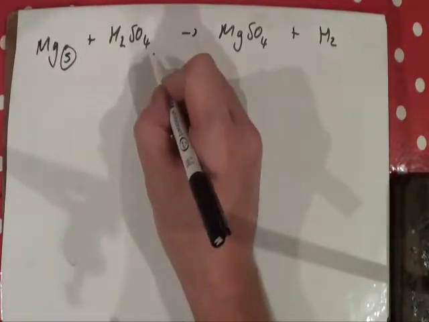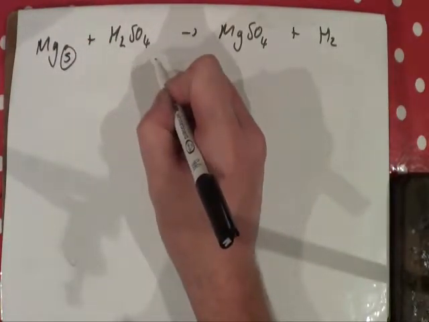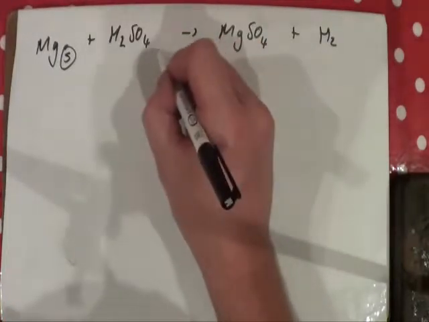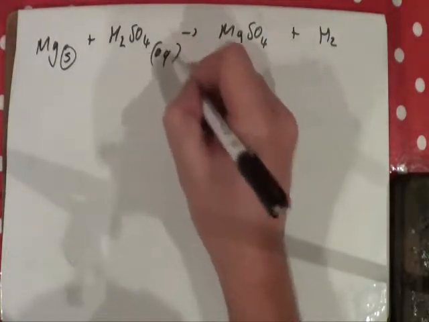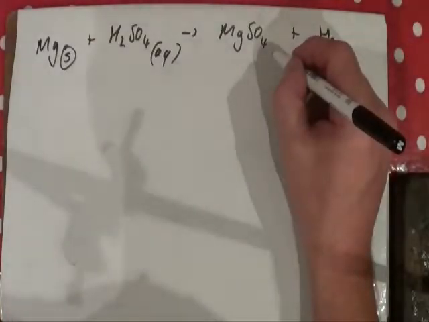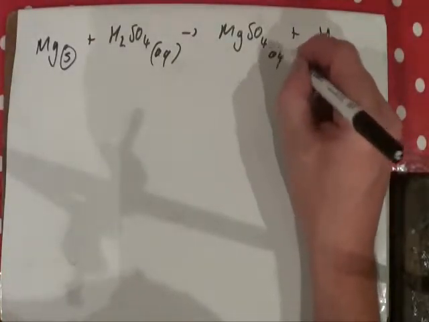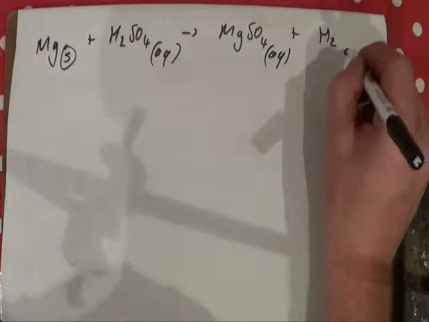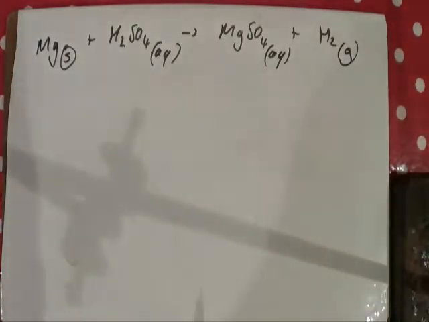Sulfuric acid, okay, is indeed hydrogen sulfate. Sulfuric acid, by definition, if it's an acid, it's dissolved. Magnesium sulfate, let's go to our table. Most sulfates except lead and barium. So therefore that is indeed aqueous, and hydrogen is of course a gas.